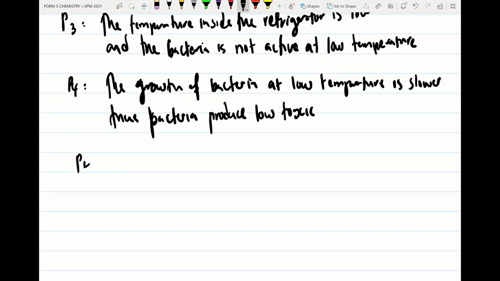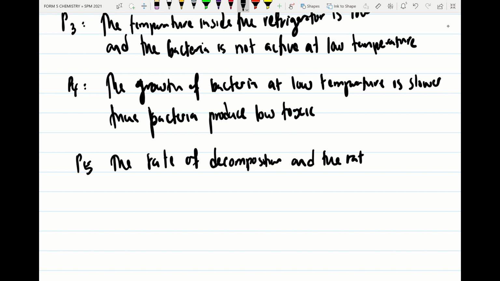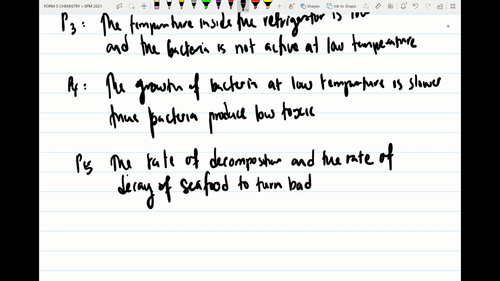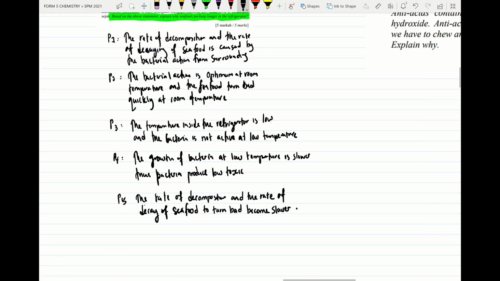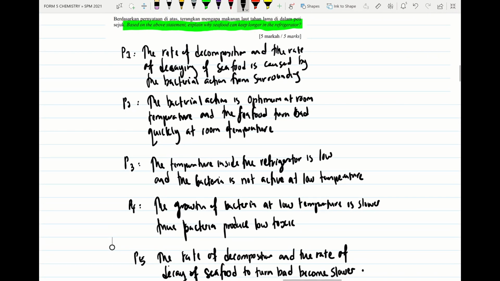And point number 5, the rate of decomposition and the rate of decay of seafood to turn bad becomes slower. Thus we can keep the seafood longer in the refrigerator.